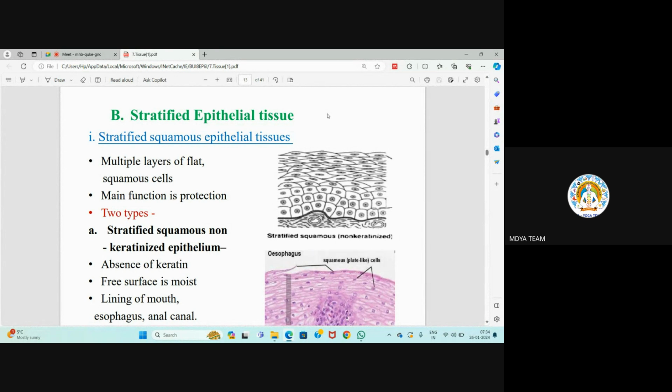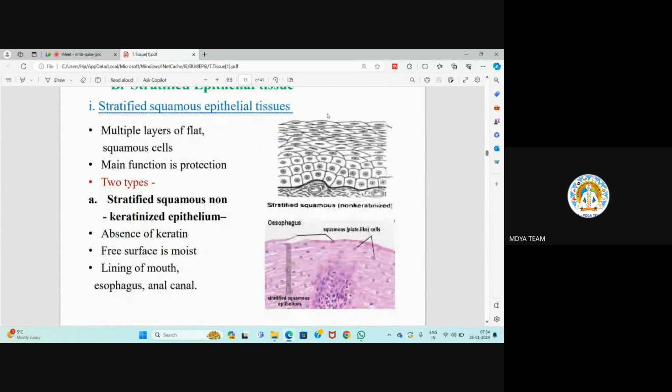So multi-layered flattened cells are there in stratified squamous. Now this stratified squamous is further divided into keratinized and non-keratinized. Keratinized means cells will be filled with keratin protein. Non-keratinized means cells will not have keratin protein inside them. That's all. Okay, ma'am. Is it okay? Yeah.